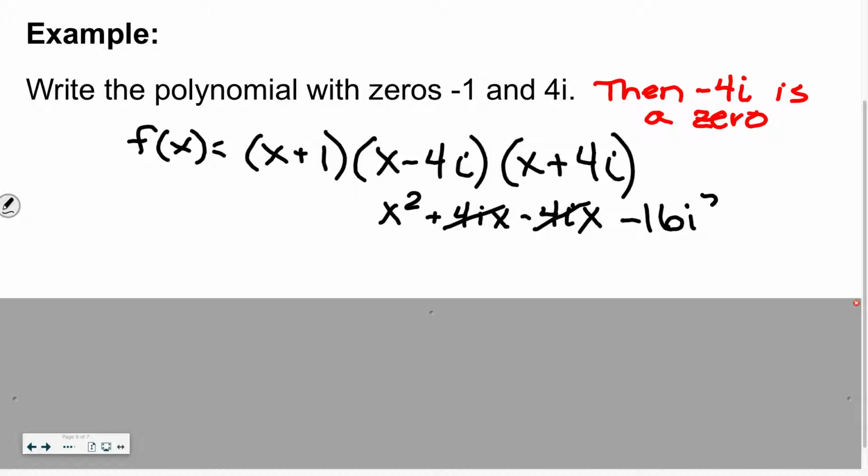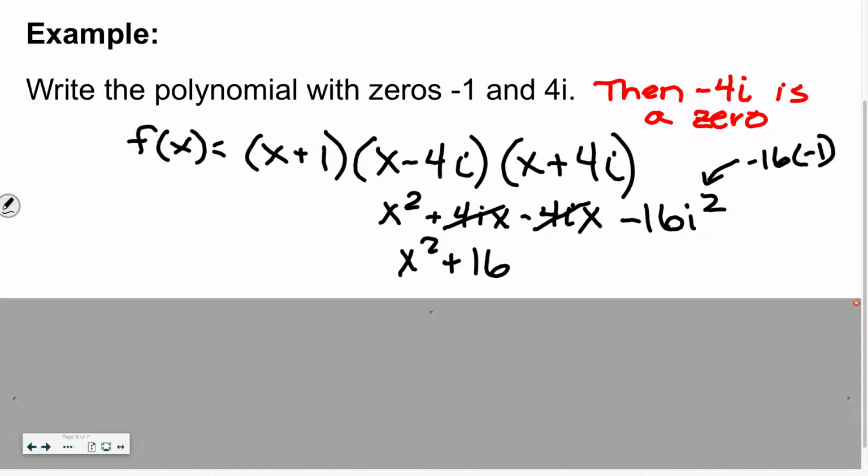Negative 16i squared. I squared is negative 1, so that's negative 16 times negative 1, which is plus 16. Okay, and doesn't that make sense? If your factor was x squared plus 16 and you set it equal to 0, you'd subtract 16 and then square root and get plus or minus 4i.